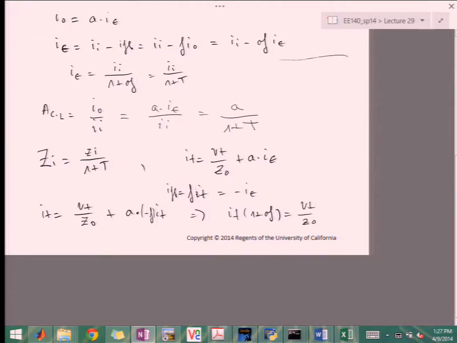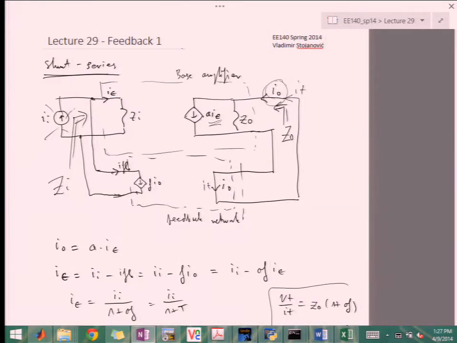Or in other words, VT over IT is Z naught over 1 plus AF. So Z naught is Z naught over 1 plus AF. This is T. So series, again, since this is the series connection at the output, increases the output impedance by 1 plus T.